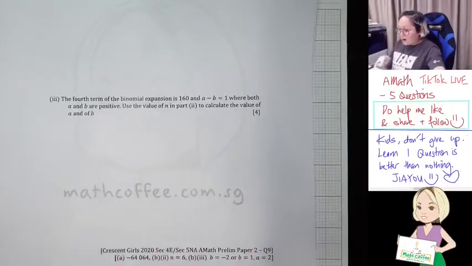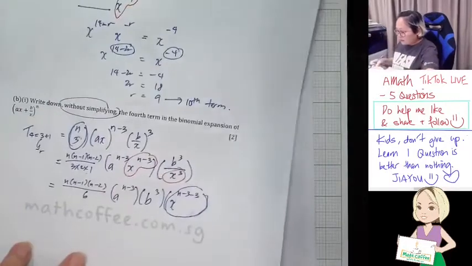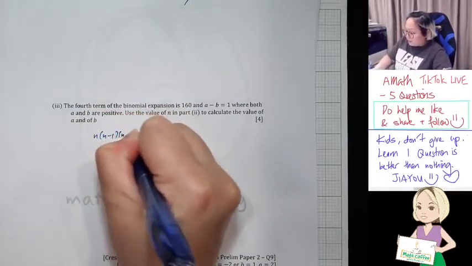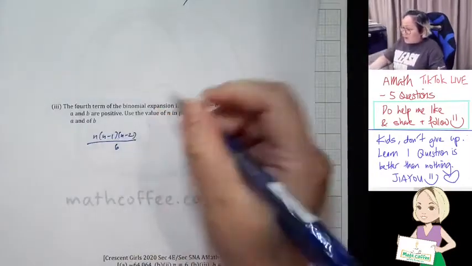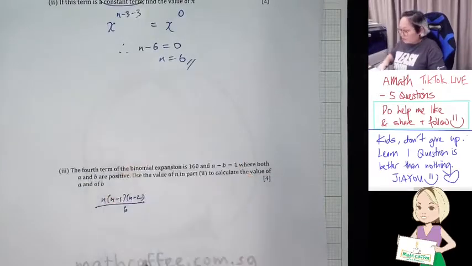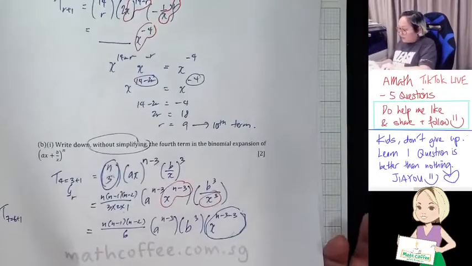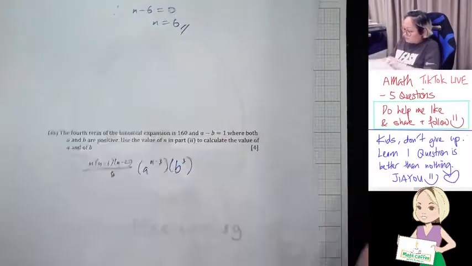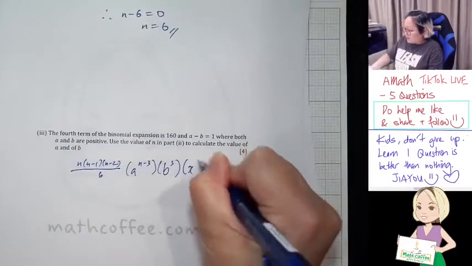Okay, so what I have to do is I have to write the whole thing down, right? So I will write n into n minus 1, n minus 2 over 6. And of course, remember my n equals 6, I already found, right? So I'm supposed to sub it in. I'll wait, later then I sub. I write out first. So it will be a to the n minus 3, b cubed, and then I have x to the n minus 6.